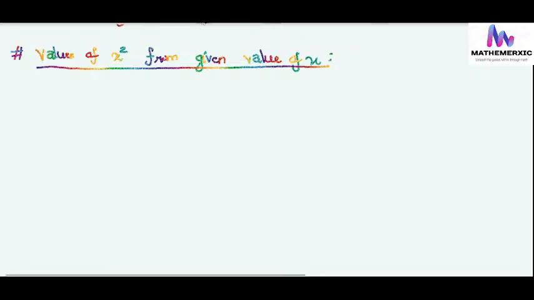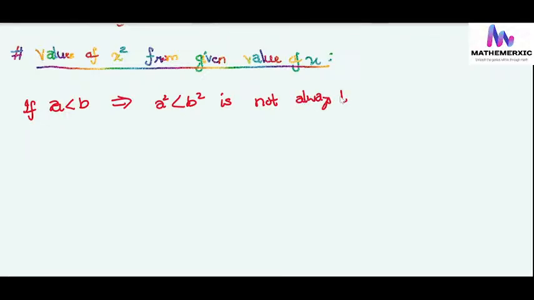Okay. So a is less than b. If a is less than b, it implies that a square is less than b square is not always true.